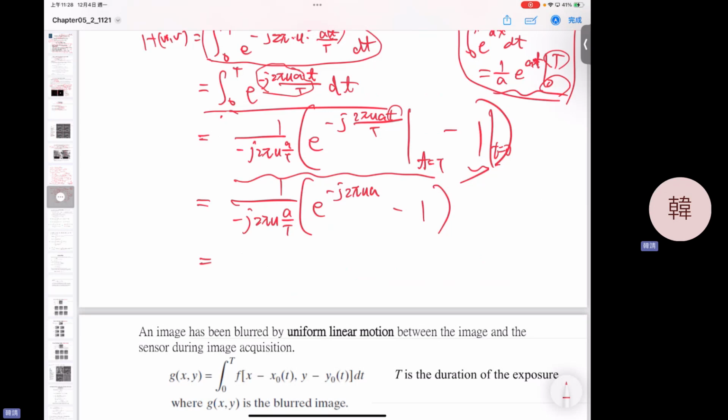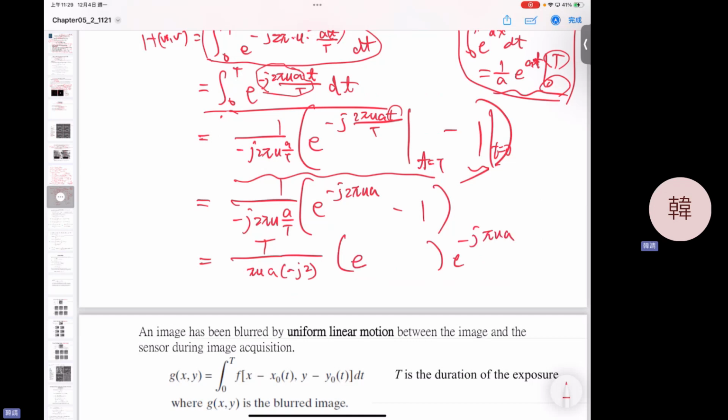So what's the result? Let's simplify this one. We have 2 pi u a, or rather pi u a, sorry. I try to make a sinusoid pattern occur: sine of pi u a, and there's a 2j and minus 2j. Inside this content we can extract out the common factor, minus j pi u a.